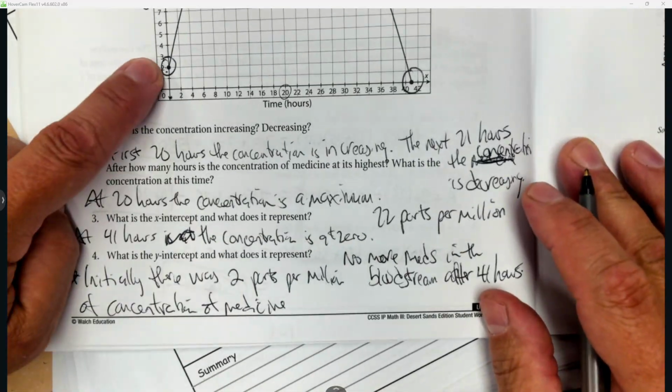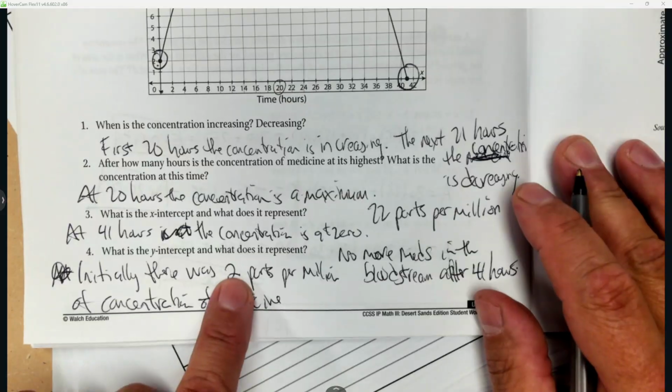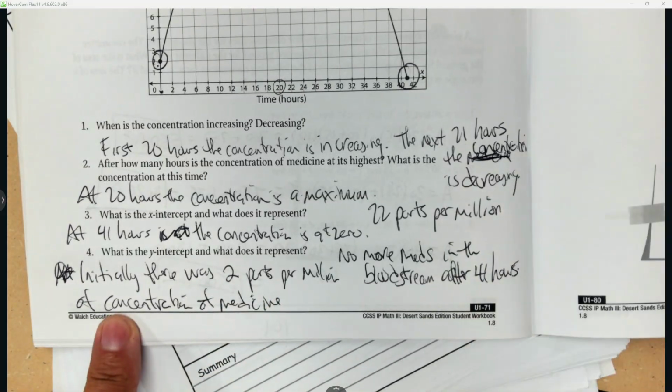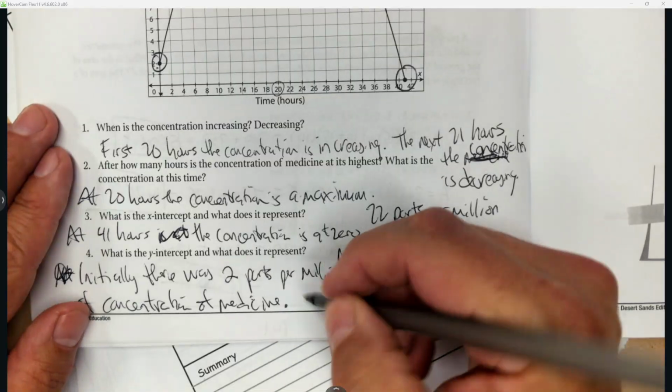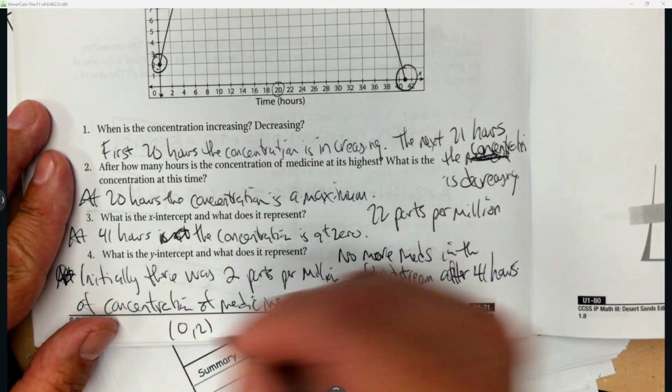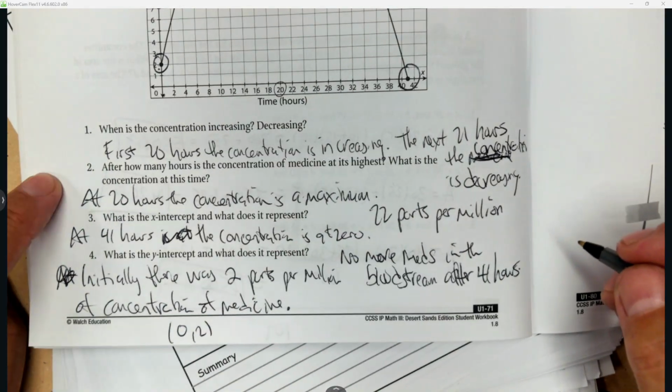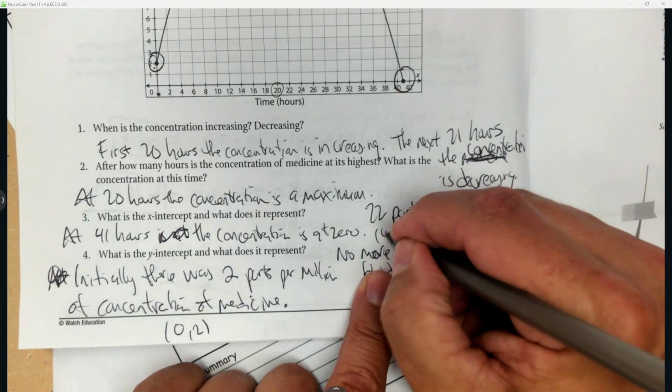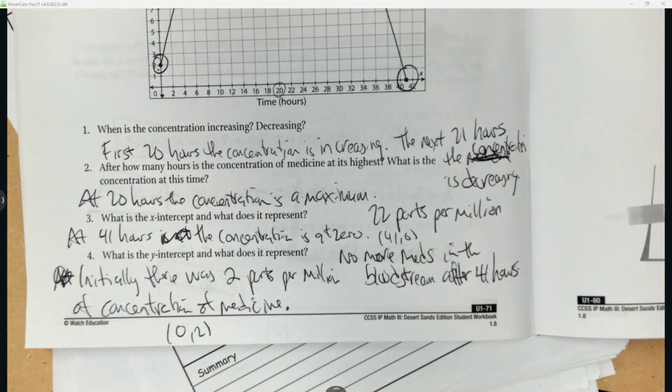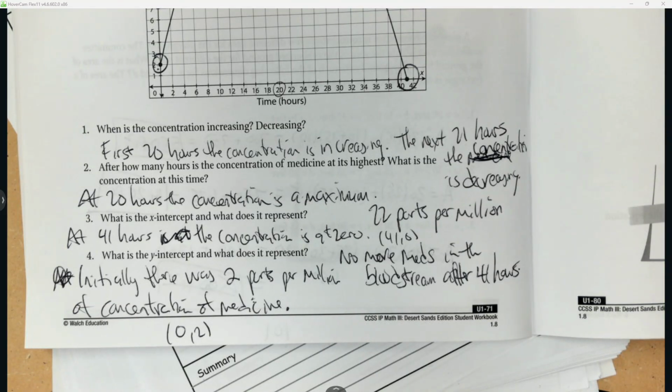So that's what that means. That's the initial amount. So initially there was 2 parts per million of concentration of medicine. So the y-intercept is at 0, 2 and the x-intercept's at 41, 0 if we wrote it as a point. There you go. All right, next one.